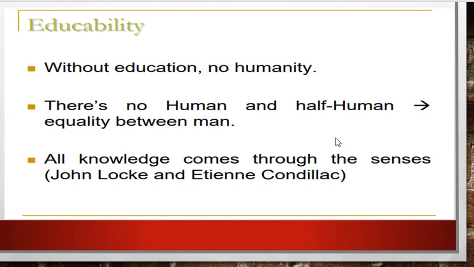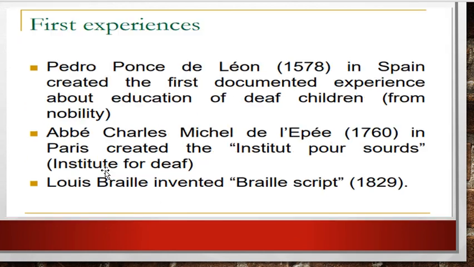Oh, why is he so tall? That's not normal. Why is he so short? Maybe the person's parents were one half dwarf and half human. So all knowledge comes through the senses, as John Locke and Condillac said.